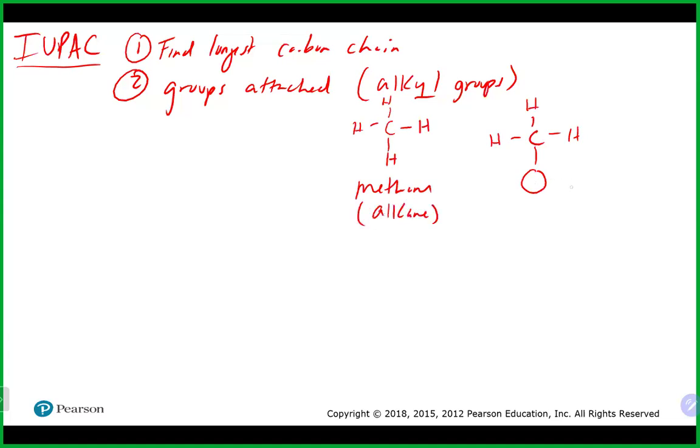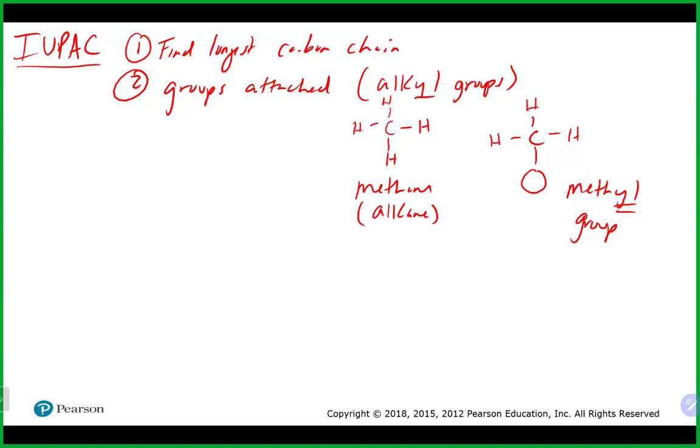With one hydrogen missing, it is named with a YL at the end, and this is known as a methyl group. So again, these alkyl groups are just the same as those alkanes, just missing a hydrogen to give it a place to connect into the main chain without having too many bonds to that carbon, which we never want more than 4 bonds.